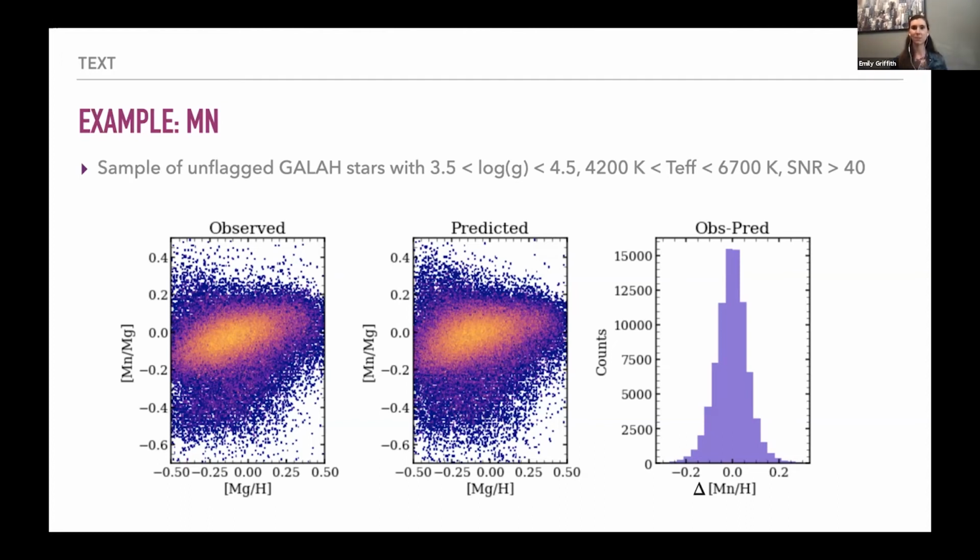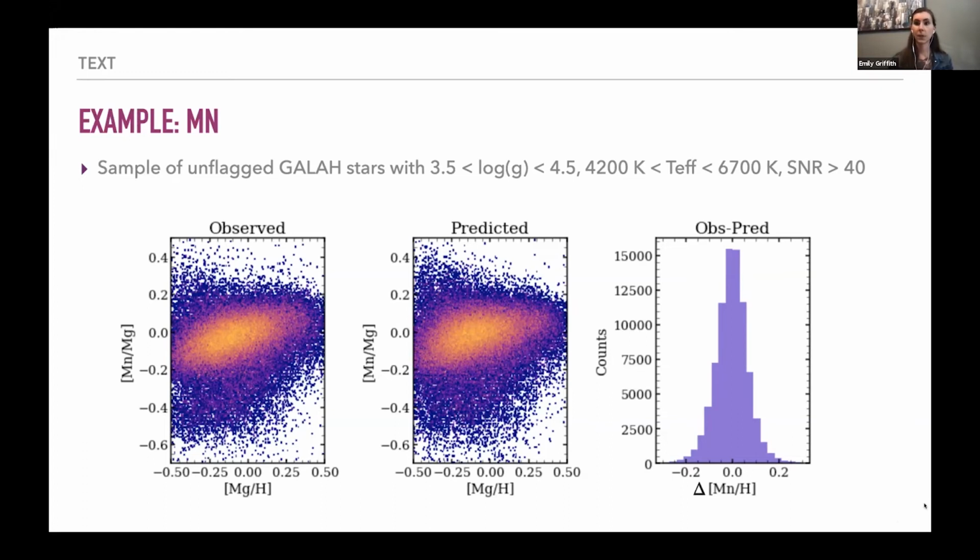We've definitely captured the large trends of the population, but on a specific individual star level, there are differences between the observed and the predicted distributions. And so on the right, I'm showing a histogram of the differences between the observed and the predicted abundances. Most of them lie close to 0, but there are tails that extend out beyond 0.2 dex in either direction.